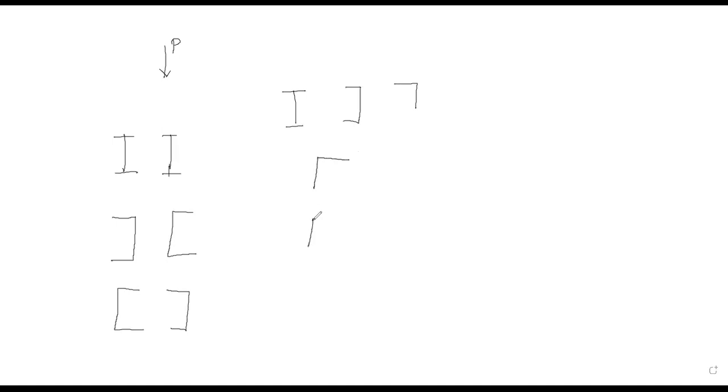That time, instead of a single I section or channel section or angle section, we are going to give a built-up section such as double I section, or channel sections placed back to back or face to face, or else four angle sections. So this is the way we are going to distribute the column.